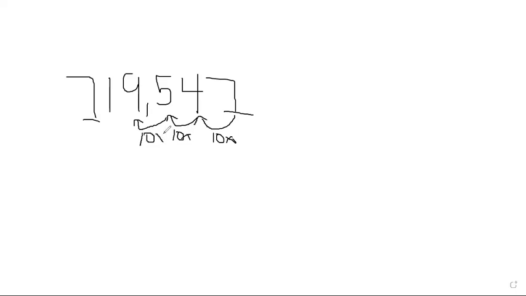I know my times look crazy. Then I'm going to move it from my thousands to my 10,000s, and that's 10 times. Then I'm going to move it from my 10,000s to my 100,000s, and that's going to be 10 times.